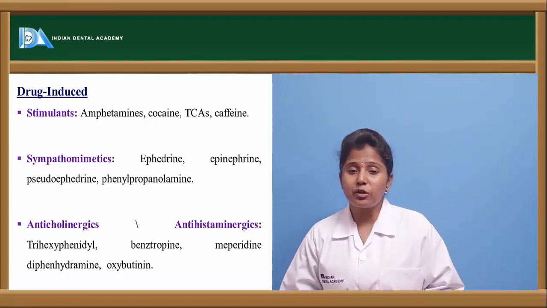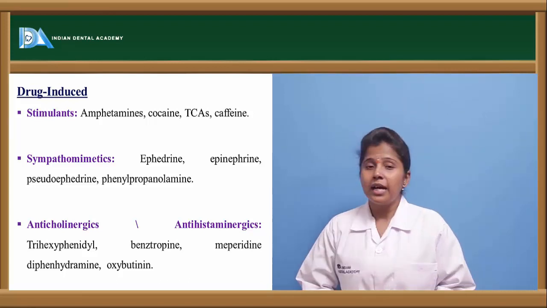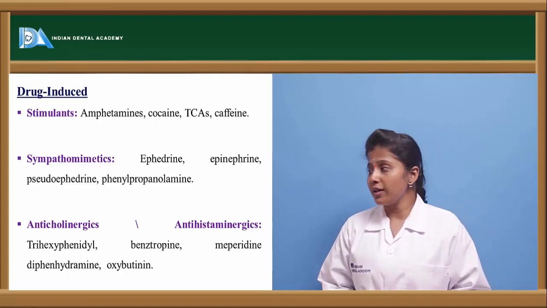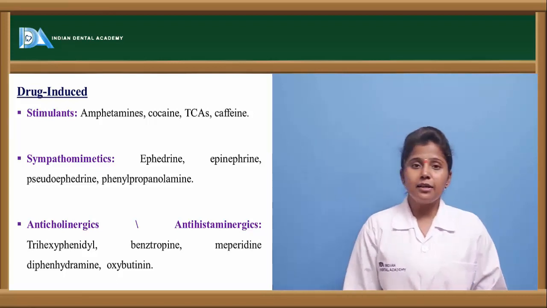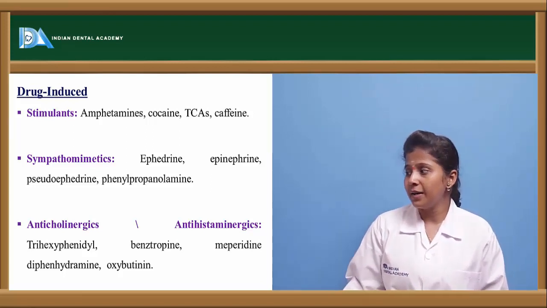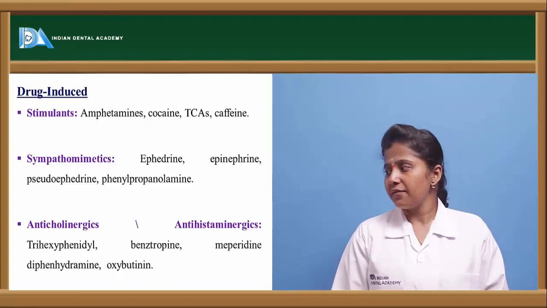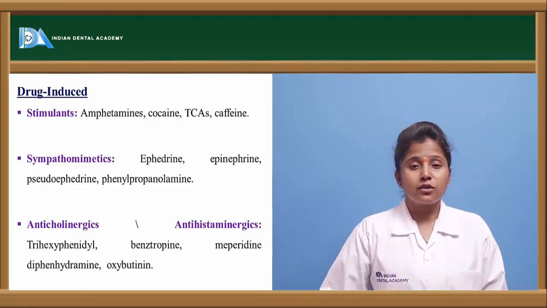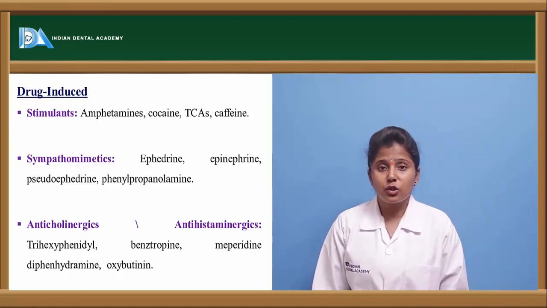And there are the sympathomimetic drugs, that is adrenergic agonist drugs like ephedrine, epinephrine, pseudoephedrine, as well as phenylpropanolamine. And there are anticholinergics or antihistaminergic drugs like trihexyphenidyl and benztropine, meperidine, diphenhydramine and oxybutynin. These are all the drugs which cause anxiety if they are given in larger doses.